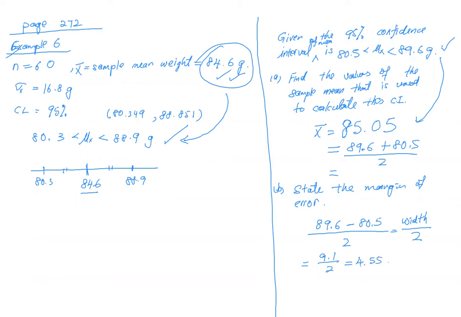Are you okay? So when given a confidence interval, you have to understand what that means, and then how do you interpret it, and how to find whatever they want you to find. If you look at example 7, it is a very good example.